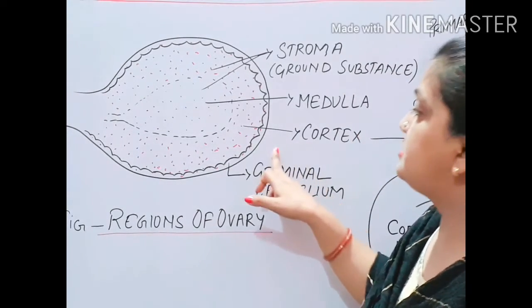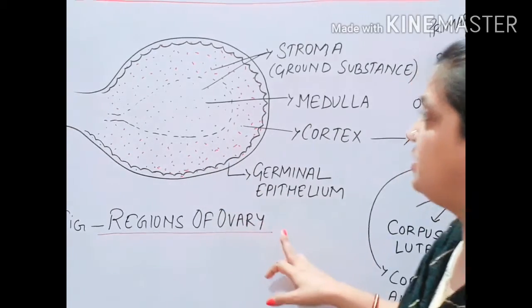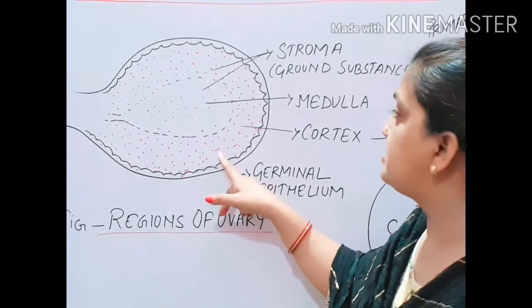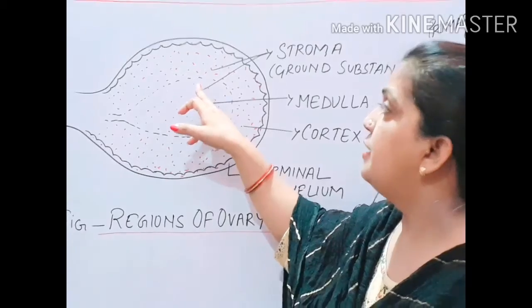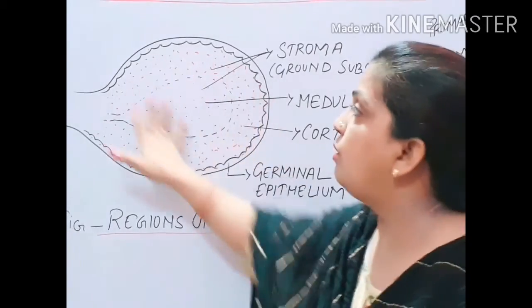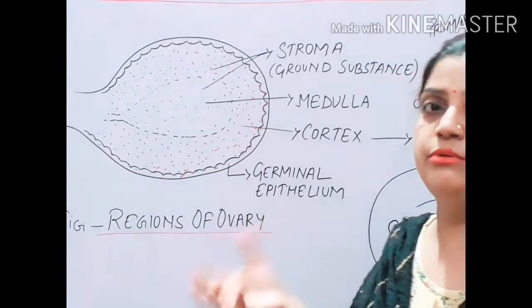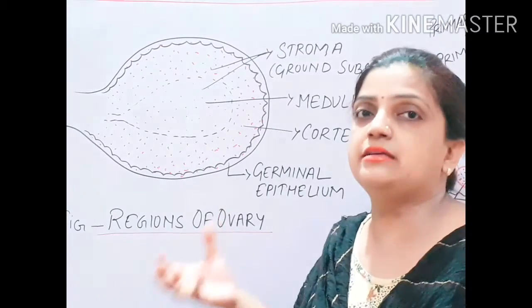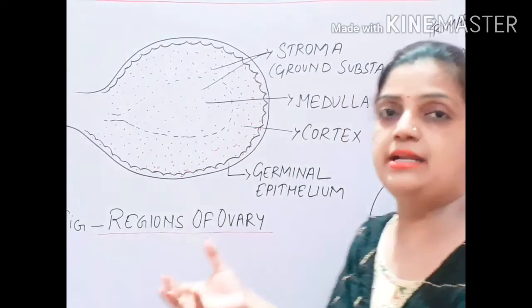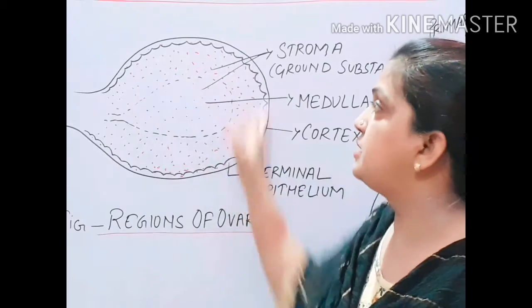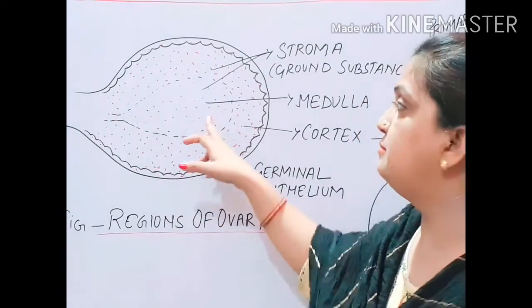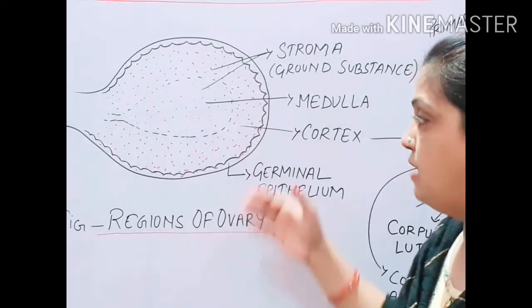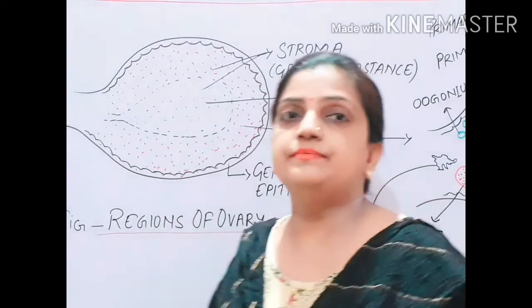So children, these were the two regions of the ovary. The outer is cortex and the middle one is medulla, and the whole ovary is filled by a fluid-like ground substance called stroma, which is more dense in the outer part and less dense in the middle. Now children, I will move to the next diagram.